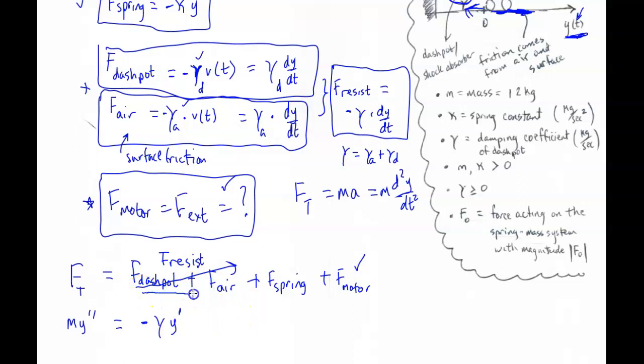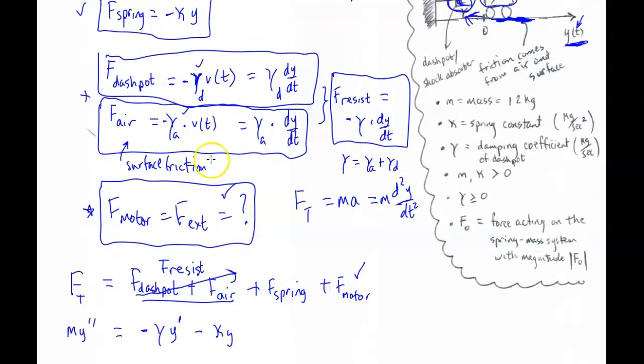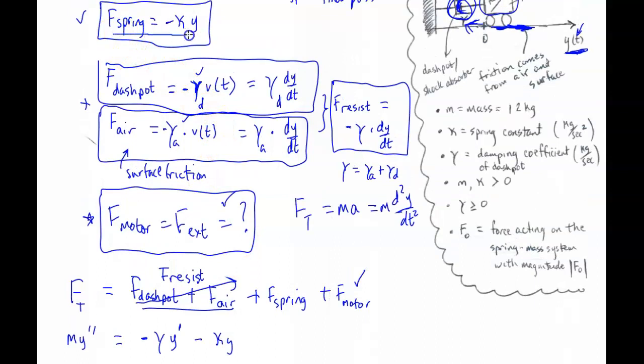And again, that takes care of both of these. Minus kappa Y. And of course, that's because of our force that's exerted by the spring. And then F motor, we're just going to leave that as F motor for right now.